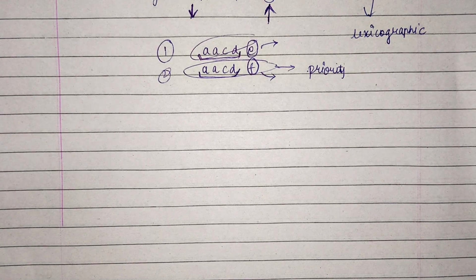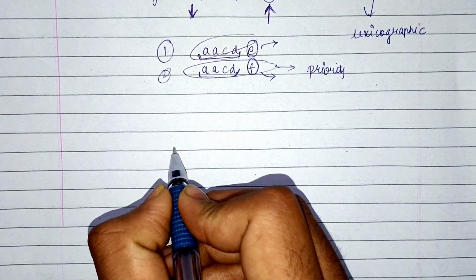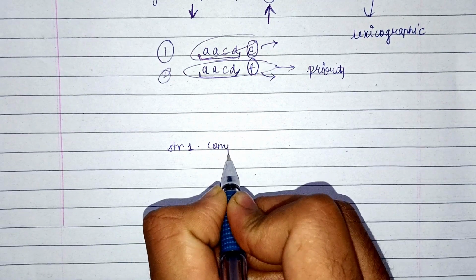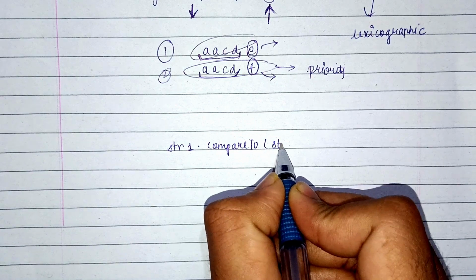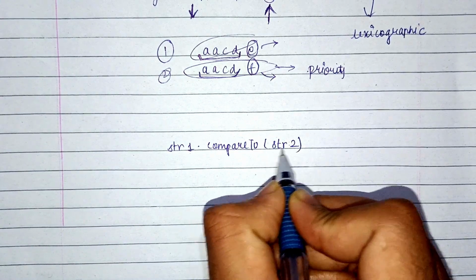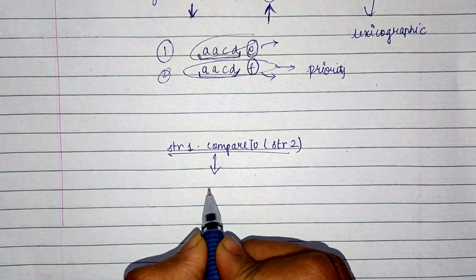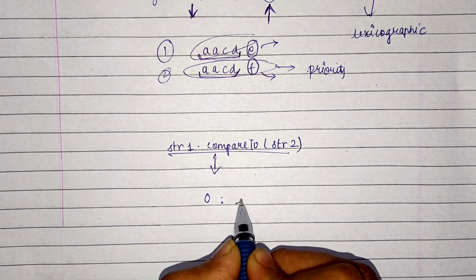To compare two strings, we will use the string method called compareTo. Here we write string1.compareTo, and in brackets we give string2. If the output is equal to 0, then the strings are equal.